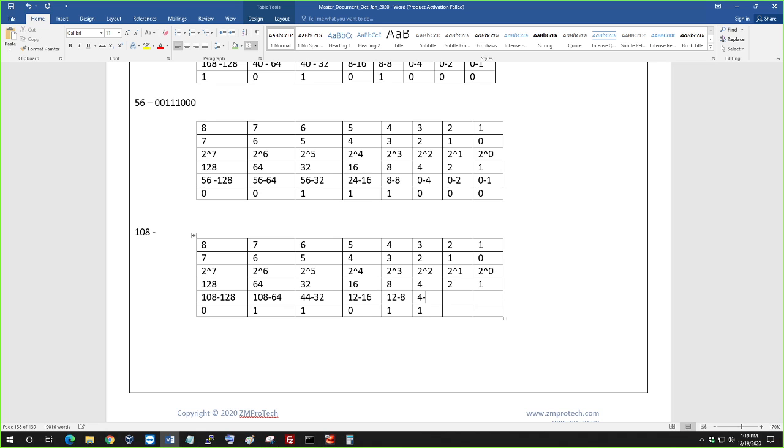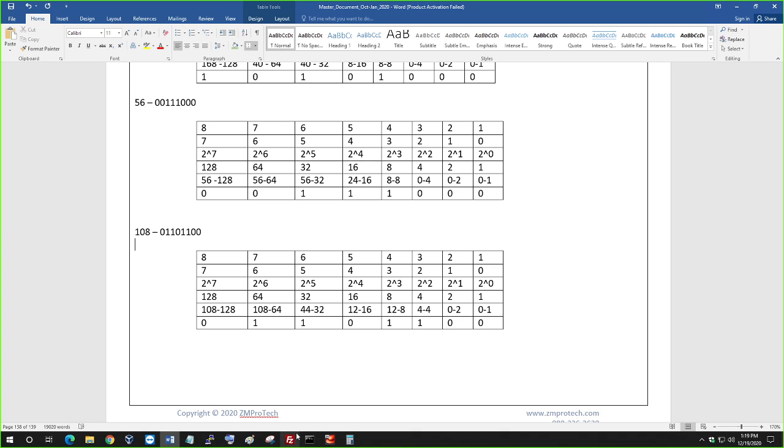Then 4 minus 4 is going to be 0, and 0 minus 2 is 0, and 0 minus 1 is 0 also. So our 108 is 0, 1, 1, 0, 1, 1, 0, 0. That's how you arrive at it.